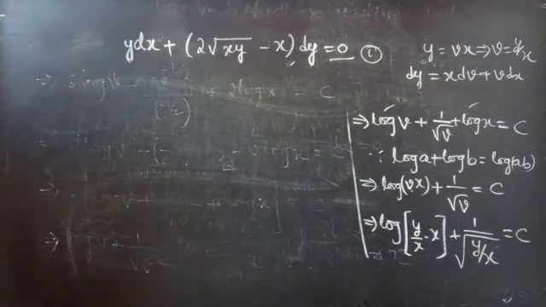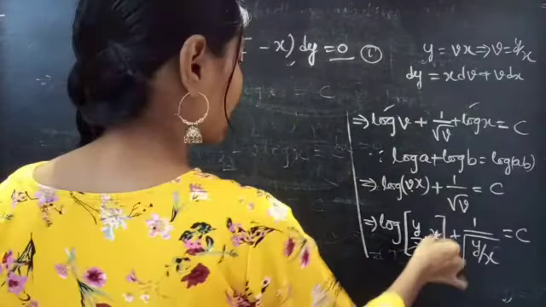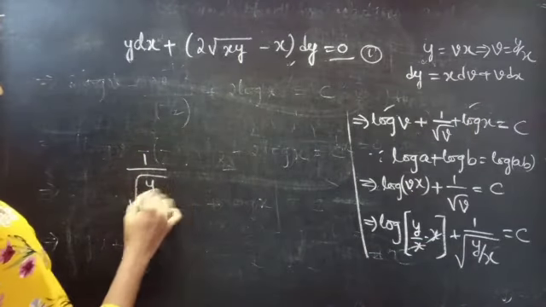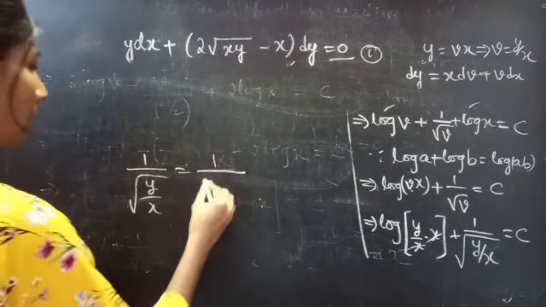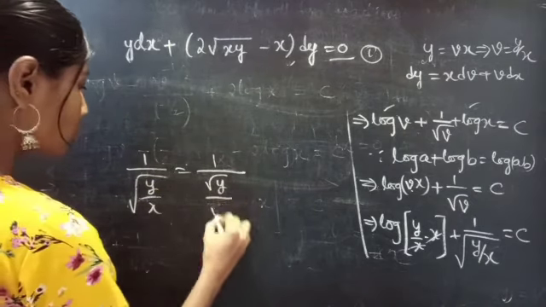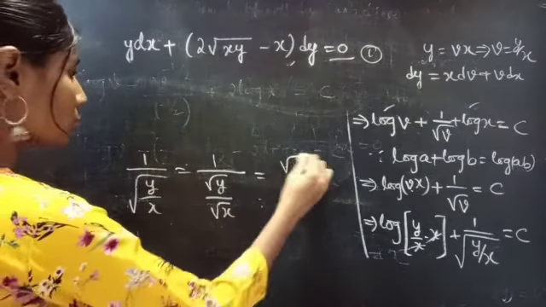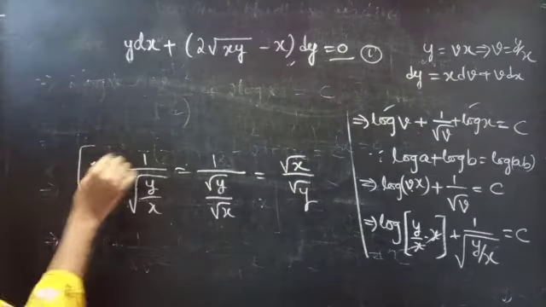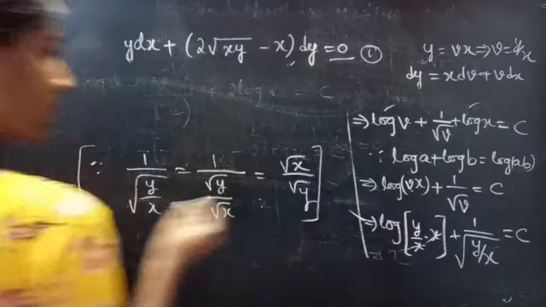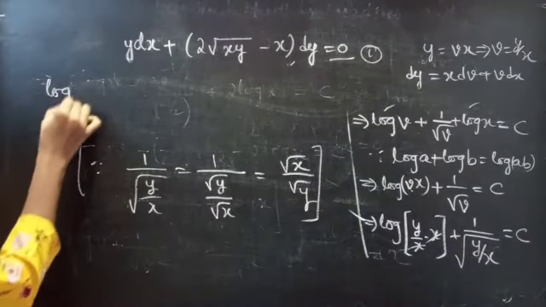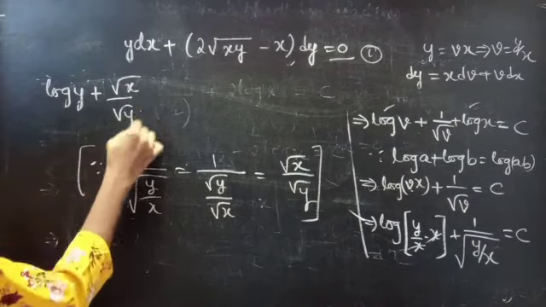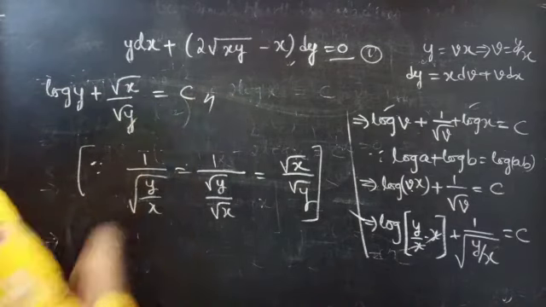In the second term, you are having, see here x gets cancelled. In the second term, you are having 1 by square root of y by x, right? You can write this as 1 by square root of y by square root of x, which is equals to square root of x by square root of y, right? So this becomes log y plus square root of x by square root of y equals to integral constant c.